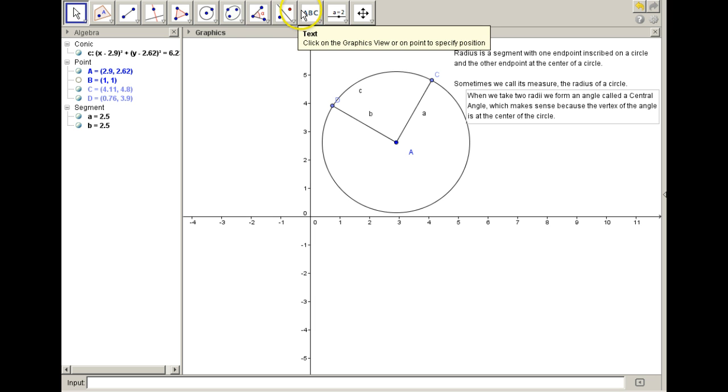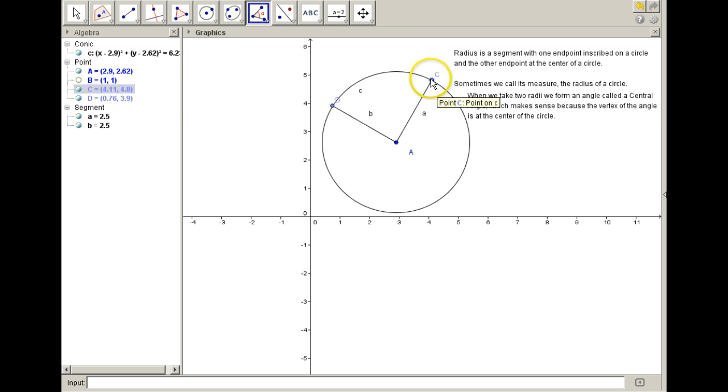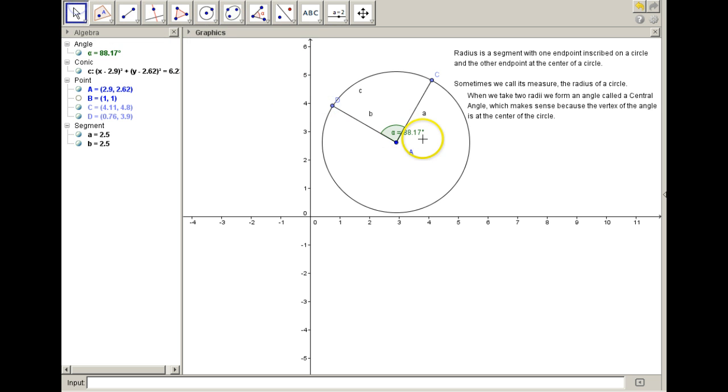So let's go ahead and measure the central angle for a minute. CAD, in this case, measures 88.17 degrees. But if I move D, we're just going to continue to measure it. Now I want you to think about this: it's a very small angle, right? 4.68 degrees. How big can this angle get?